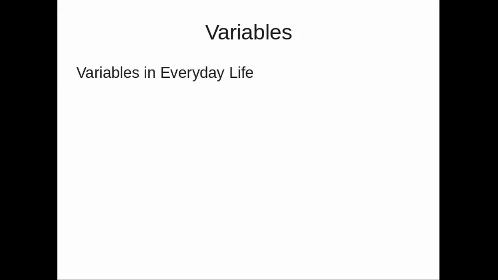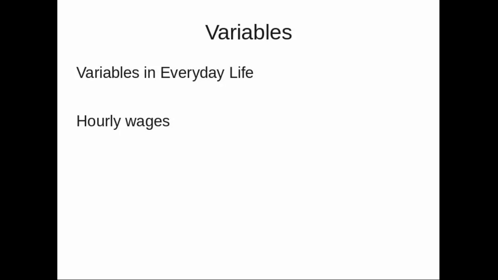So now that we understand how to solve variable expressions, let's think of some common examples where we might use variables in everyday life. Perhaps one of the most common is hourly wages. Now in this case, you will probably be getting paid a certain amount per hour.